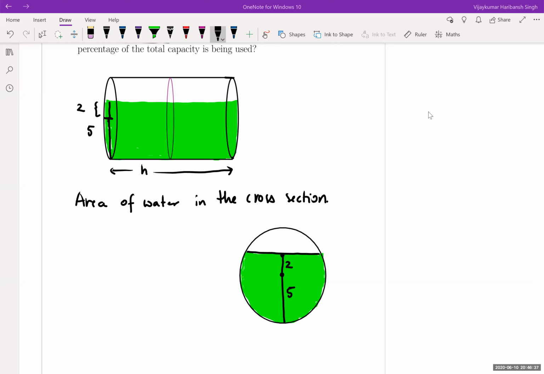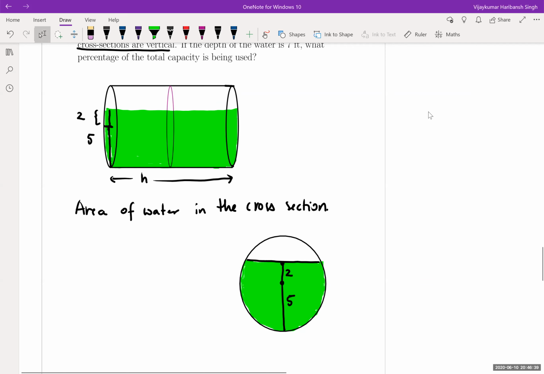So what we'll do is the following. Instead of counting how much water is there, the total area of the cross section is going to be what?